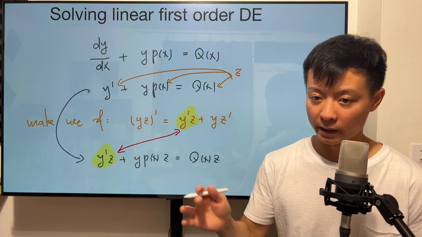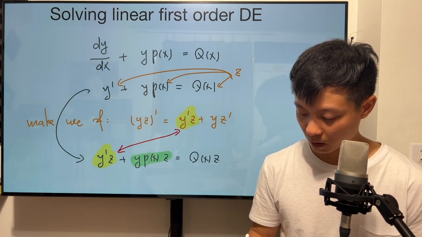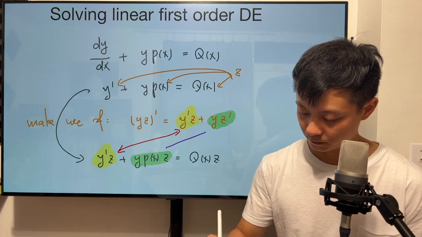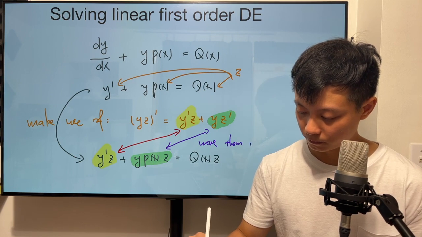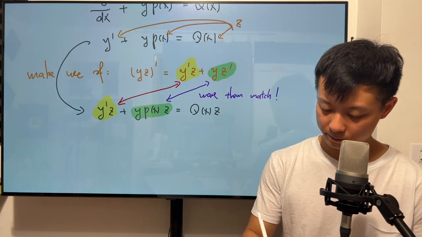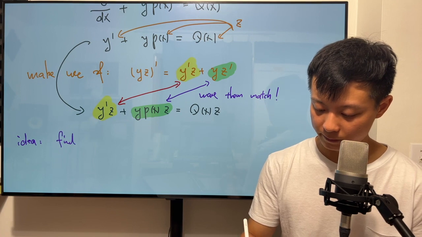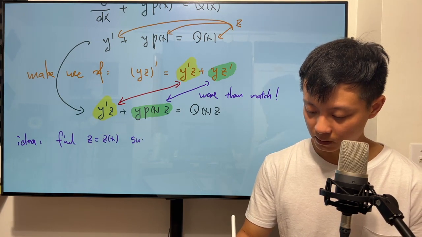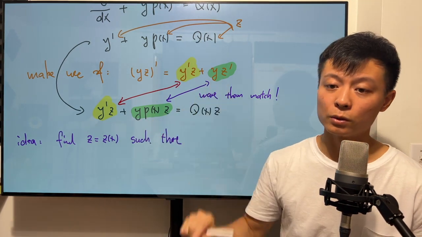So what we are hoping here is the second term also matches this second term. To summarize, our idea here is to find such a function z of x such that these two terms will look the same.